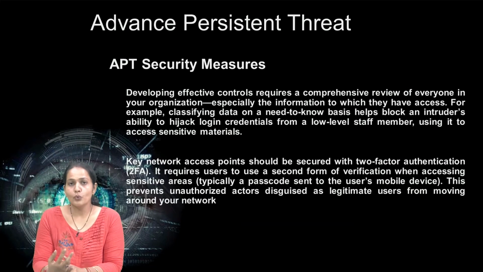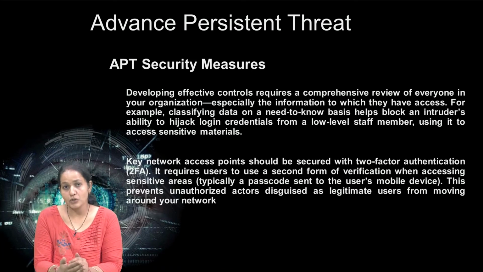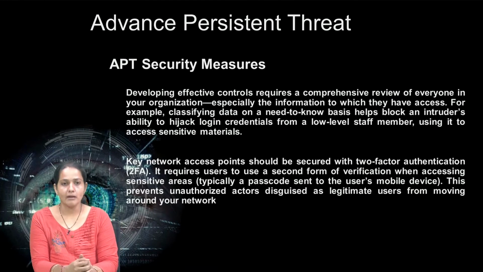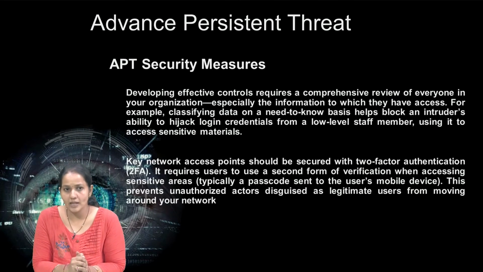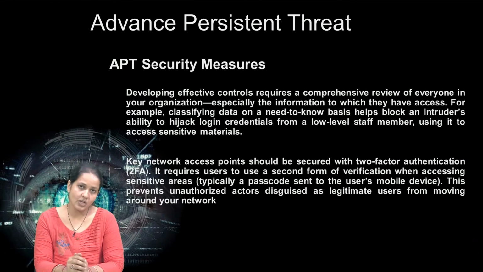That is two-way authentication. For example, your mobile has a lock, and if you try to use a banking application or perform a transaction, the application will ask for what? The code. That type of 2FA mechanism has to be established.